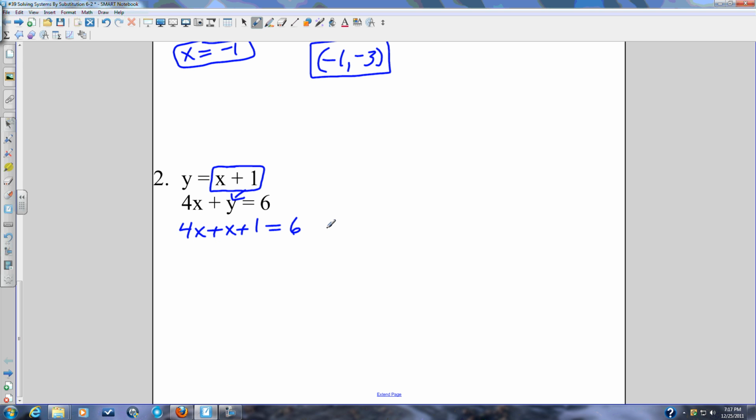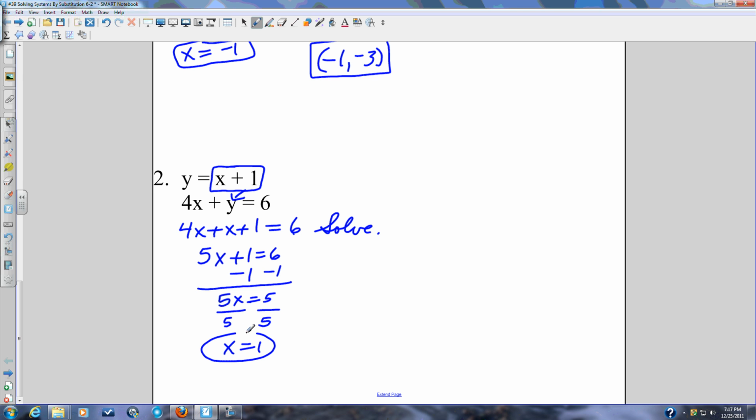Now we're going to go ahead and solve that, which is our next step. So we have 5x plus 1 equals 6. Subtract 1 from each side, and we have 5x equals 5. Divide each side by 5, and we have that x is equal to 1.